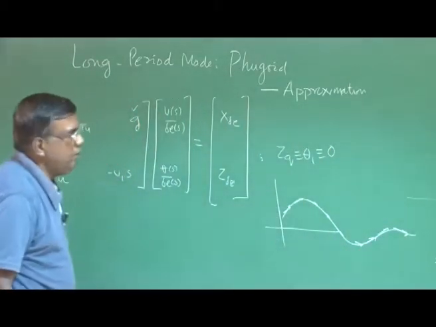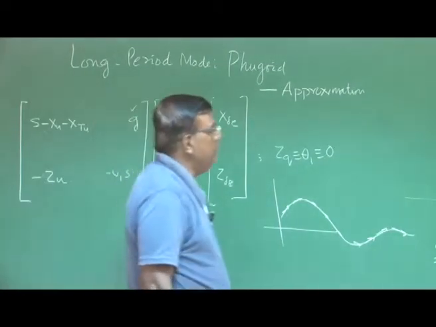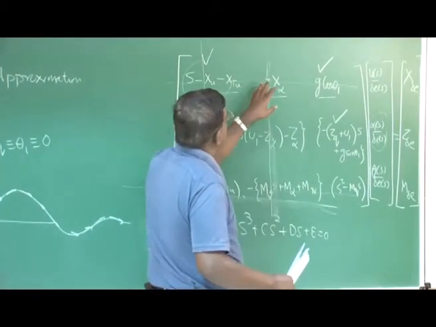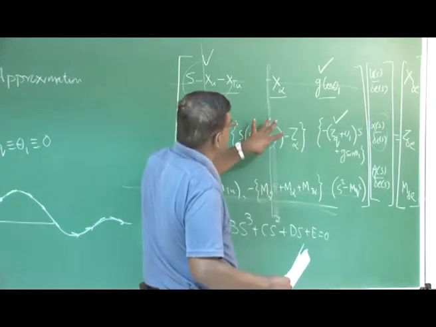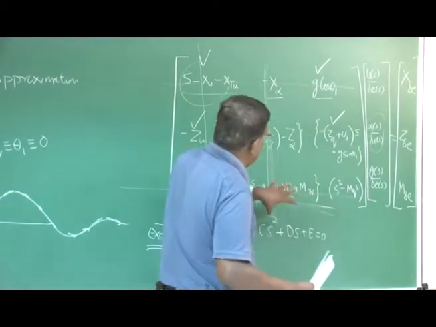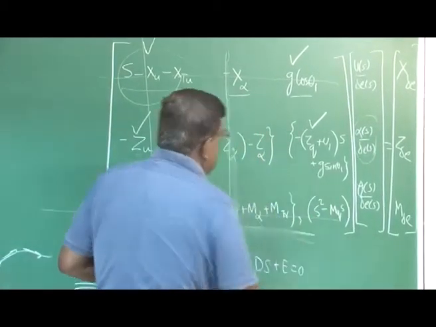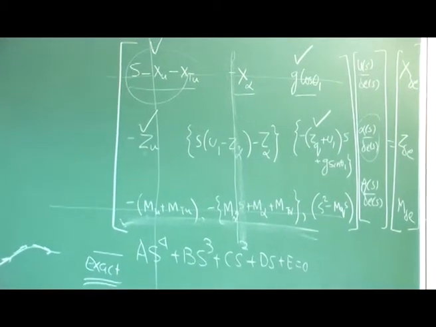At each point, alpha remains constant, or the perturbed alpha is 0. The consequence of that, when I multiply these two matrices, the second term X alpha will be multiplied by alpha of s. Here the second term, this one multiplied by alpha of s. Here the second term, this multiplied with alpha of s. Right? All will vanish because perturbed alpha is 0.